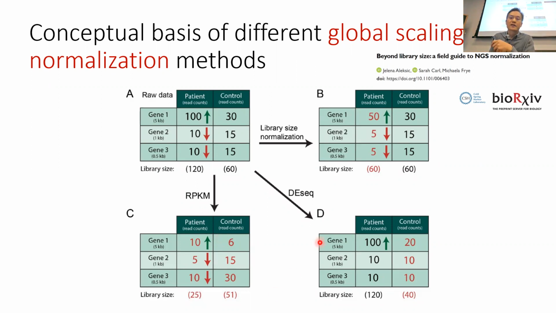And there are other ways. This is called DESeq, an R package that does differential expression analysis. They treat the majority of genes as the basis for normalization, these 2 genes, and leave the outlier, gene 1, unchanged. So there is some special treatment because of the consideration of some genes being really highly expressed.